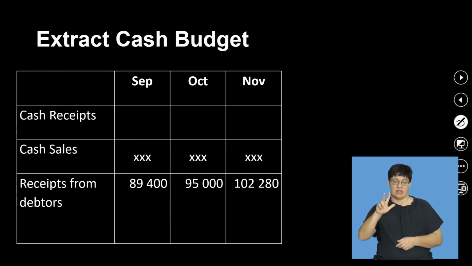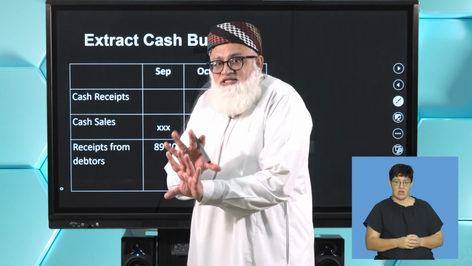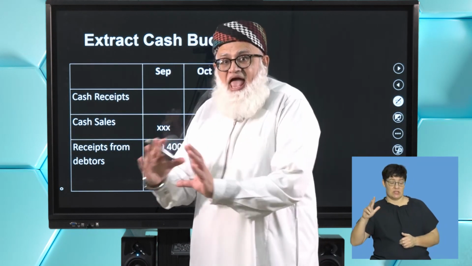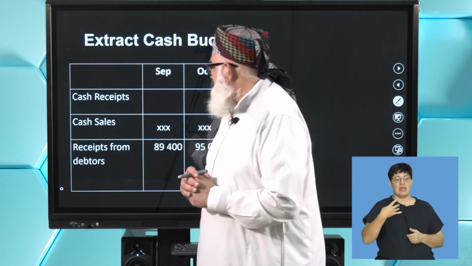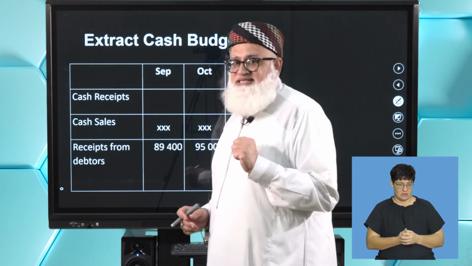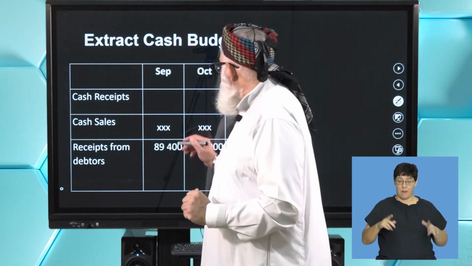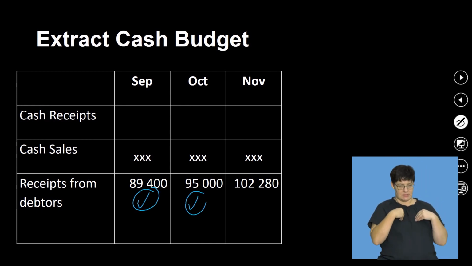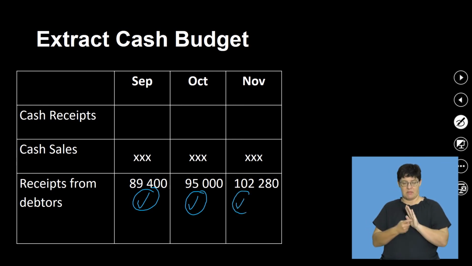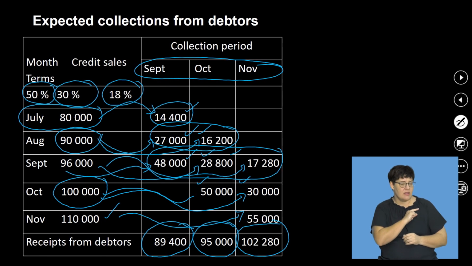Watch. You now take that debtors collection schedule and you fit it into your cash budget. In other words, if I was marking this in the exams for you, immediately if you had shown me calculations, this would be an accepted mark, this would be an accepted mark, and this would be an accepted mark. Why? Because you've shown me the calculations. You've shown me September's, October's, and November's.